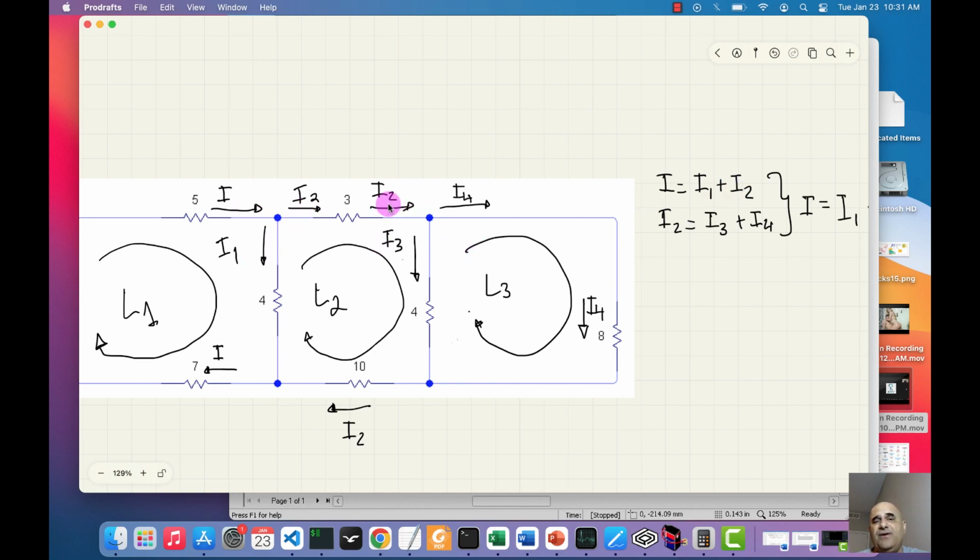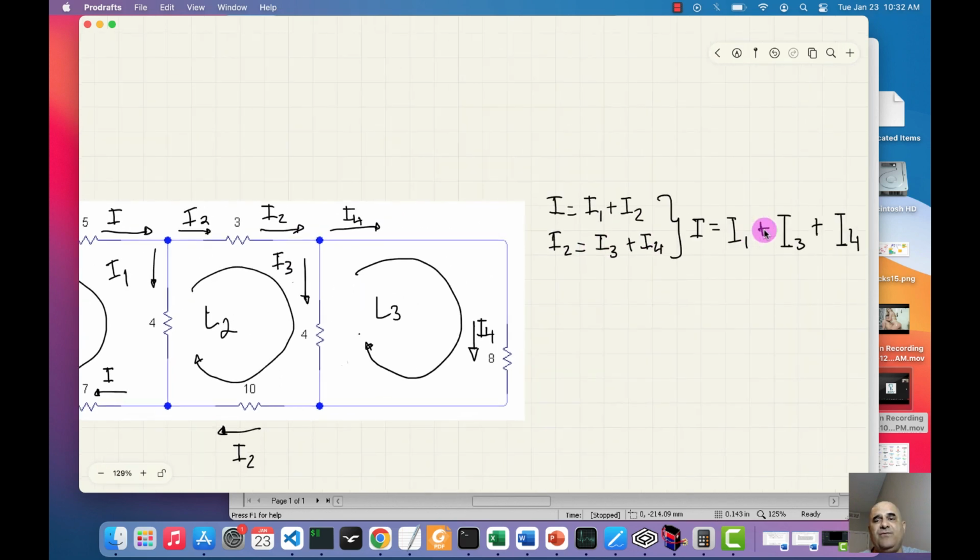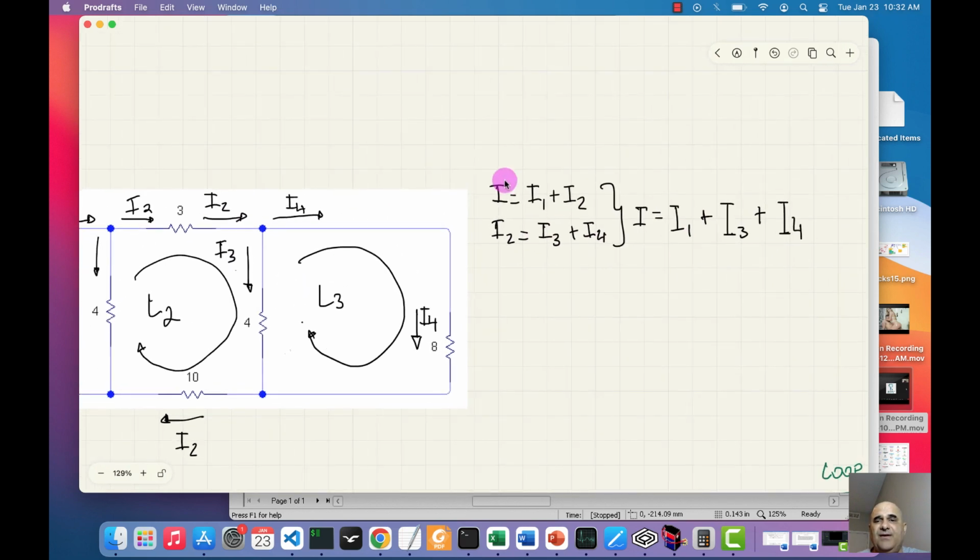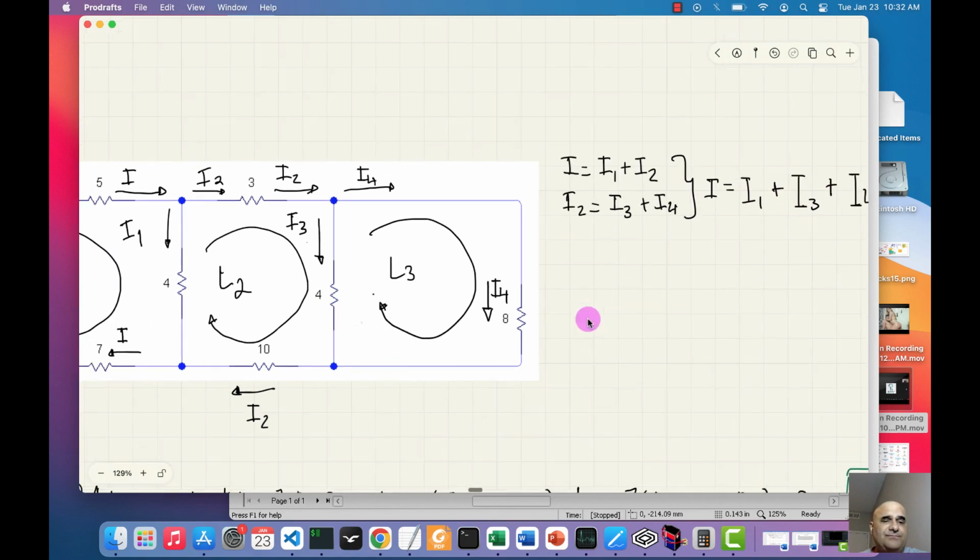Here I have I2 equals I4 plus I3. Since I2 equals I3 plus I4, I can rewrite I as I1 plus I3 plus I4. So I have 3 variables.